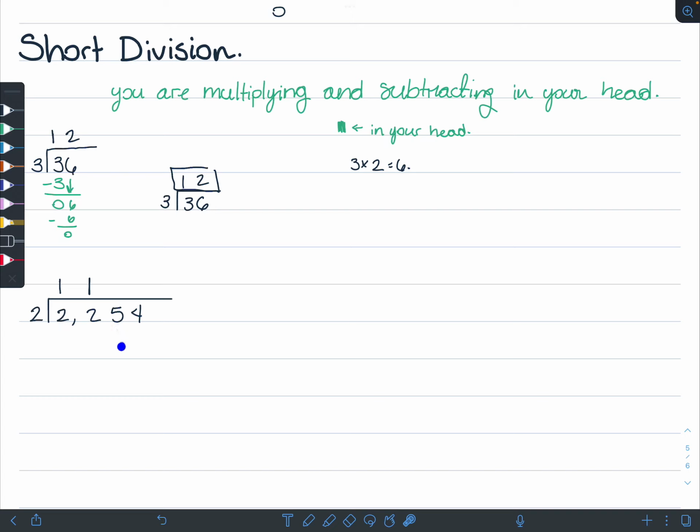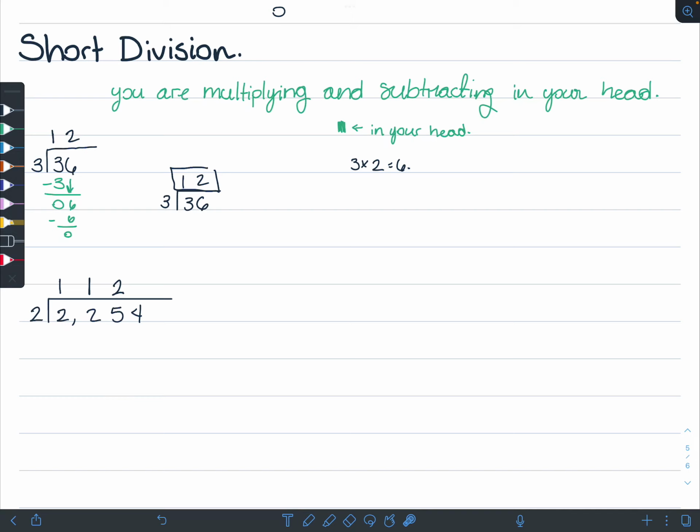We're going to bring down the 5. So we have 5 here. 2 times what number can give me 5 or less than 5? Well, 2 times 2 is 4. So we can write down that 2. In our head, we're writing down the 4. 5 minus 4 is 1.